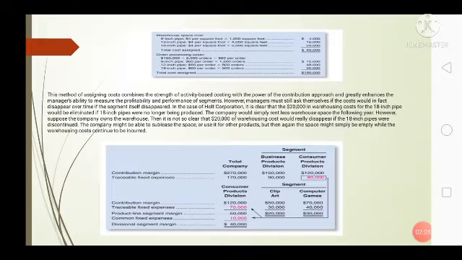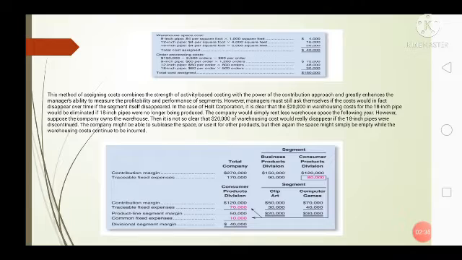However, suppose the company owns the warehouse. It is not clear that the $20,000 of warehousing cost would really disappear if the 18-inch pipes were discontinued. The company might be able to sublease the space or use it for other products. But then again, the space might simply sit empty while warehousing cost continues to be incurred.